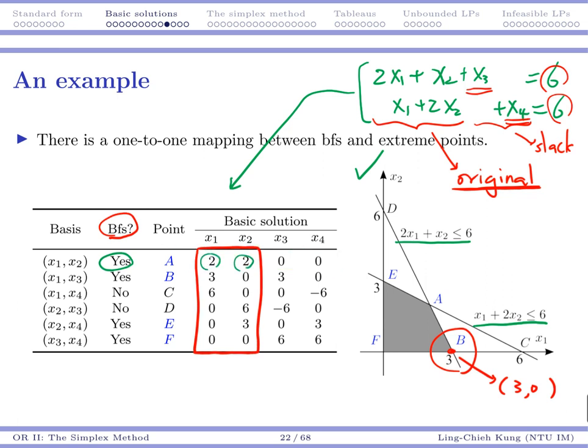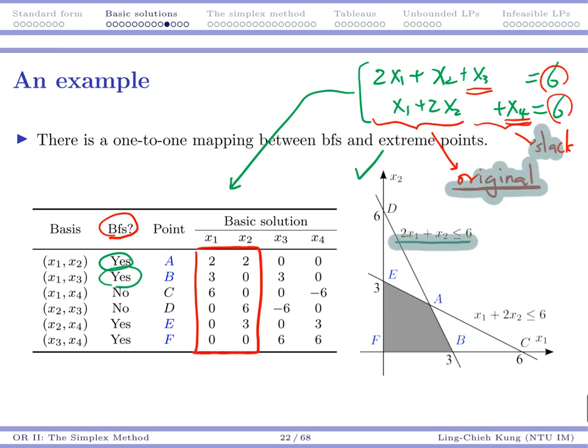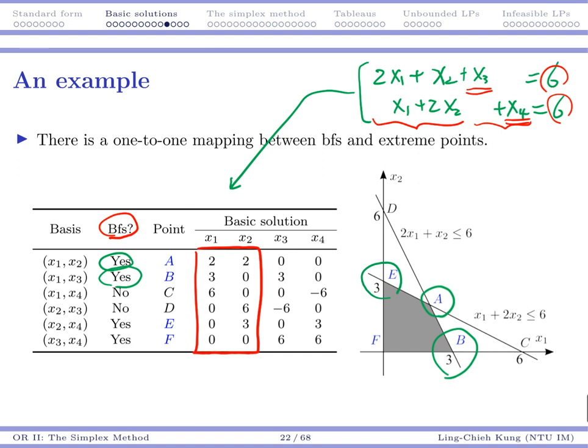So your first basic feasible solution says, please set x1 to be 2 and x2 to be 2. Your second says that I want (3, 0), and so on. So in total, we have 4 basic feasible solutions. And it happens that we also have 4 extreme points, right? 1, 2, 3, 4.